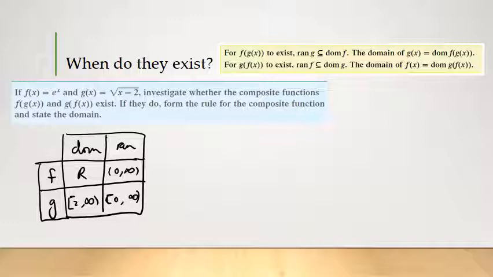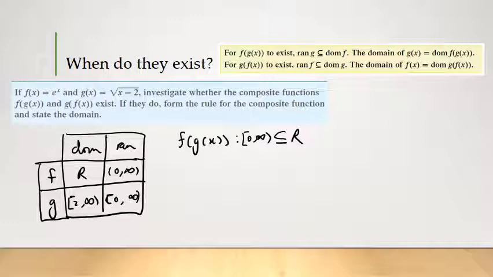Okay, so let's check f of g of x. The range of g should be contained in the domain of f. Our domain of f is real, and the range of g is 0 to infinity.